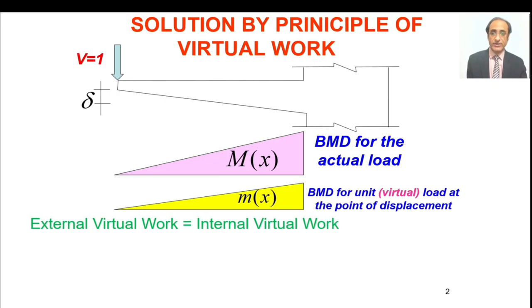Then we equate the external virtual work with the internal virtual work, and here the difference comes in: we again calculate the area under the force displacement curve, but we assume that the virtual force rides along the displacement caused by the real force, P. As it rides along the displacement, it carries out the virtual work, and this virtual work is not half V delta but equal to V delta, because the entire force V has been acting in full.